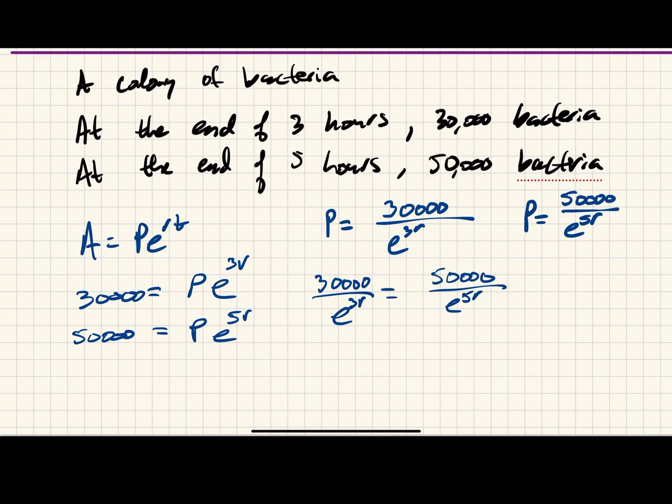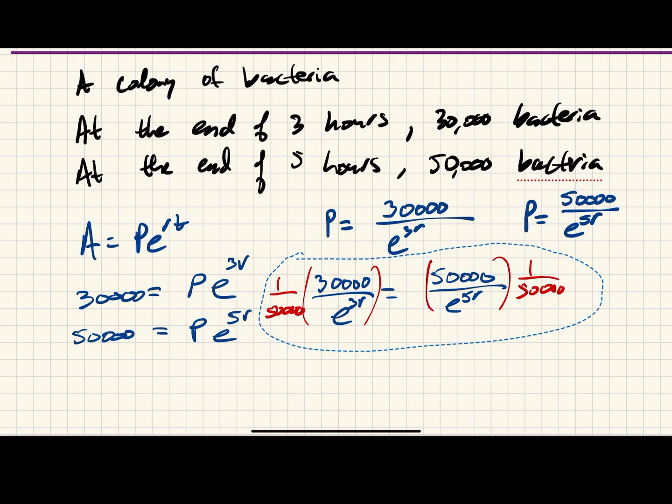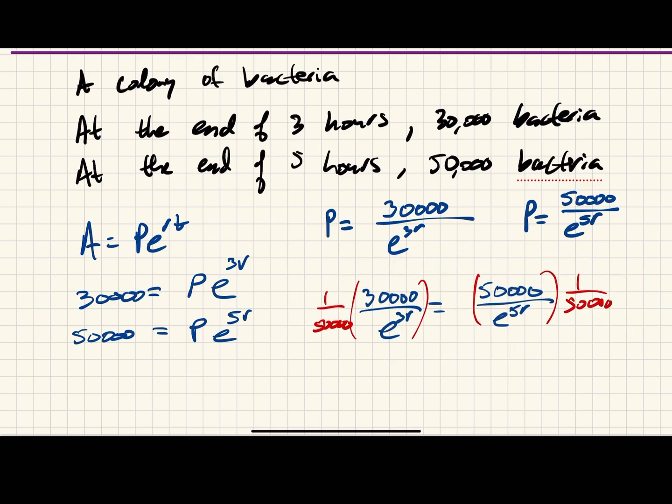I think probably what I'll do, though, is I'll just multiply both sides by 1 over 50,000, and also multiply both sides by e to the 3r.